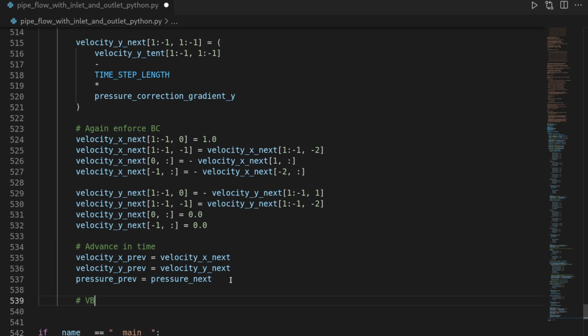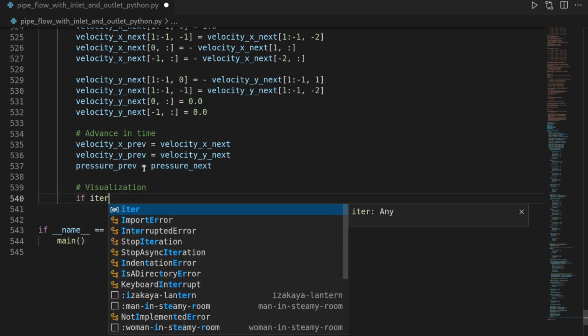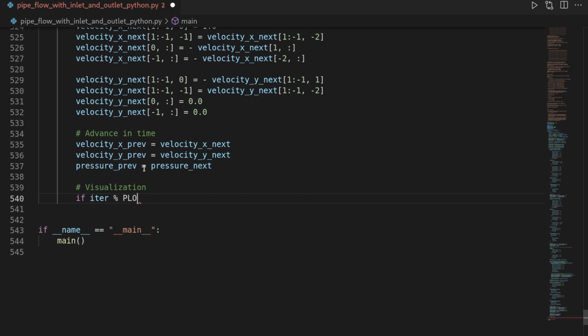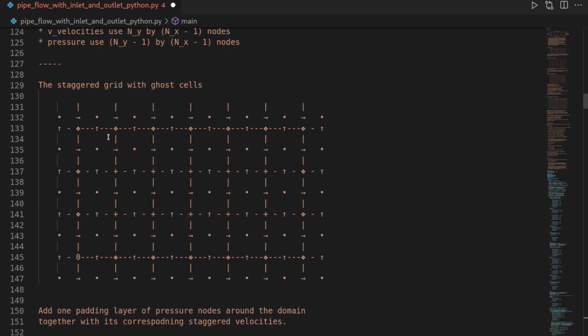So let's say visualization. And for this, we first want to check if we are in a time iteration where we also want to visualize. So if iteration modulo plot every is equal to 0, then we also want to visualize. And then remind yourself that we have the mesh vertices as coordinates, but our velocities, that's the one we want to visualize, are staggered.